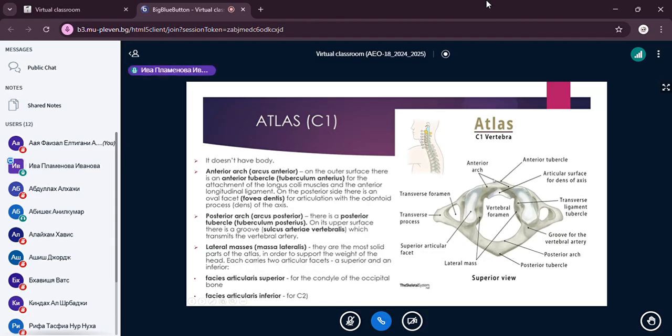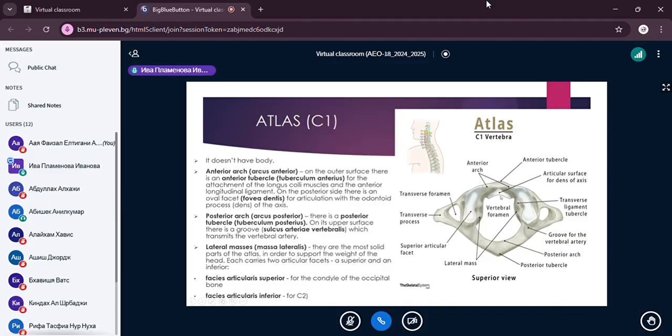On the outer surface of the anterior arch, we have anterior tubercle, tuberculum anterius, and on the posterior side of the anterior arch, we have an articular surface for the dens of the axis, C2.